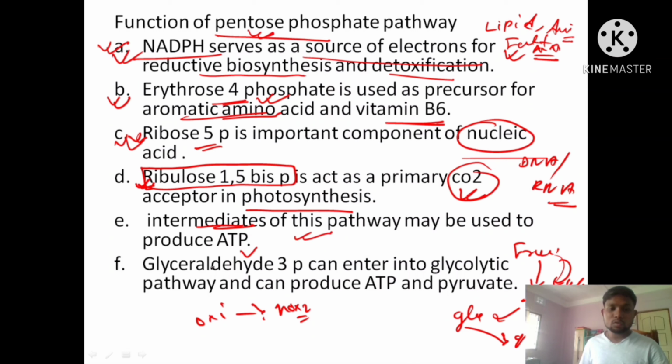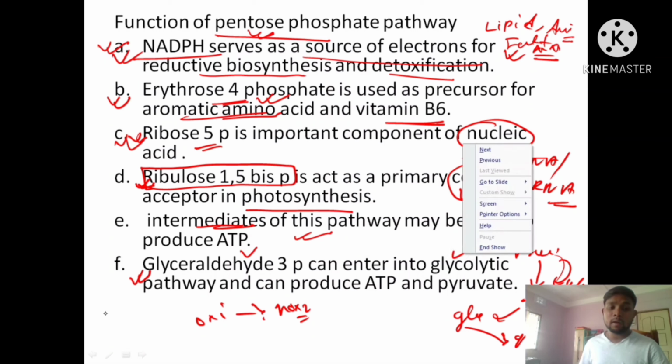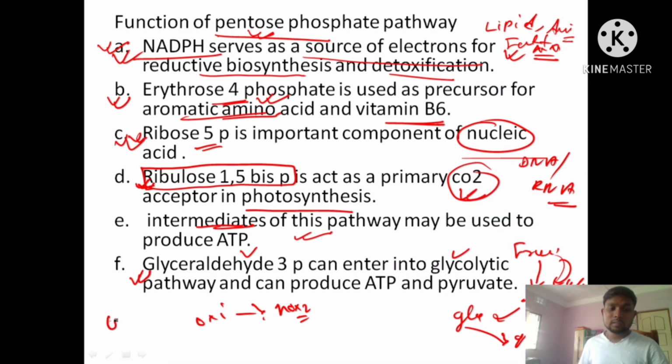Okay. And glyceraldehyde 3-phosphate can also enter into the glycolytic pathway. If you remember in glycolysis, glyceraldehyde 3-phosphate is generated from fructose 1,6-bisphosphate, right?